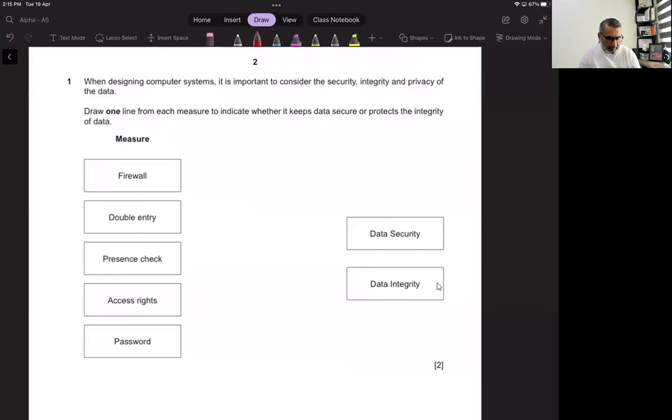So let us start. Firewall is actually data security. Firewall is data security.